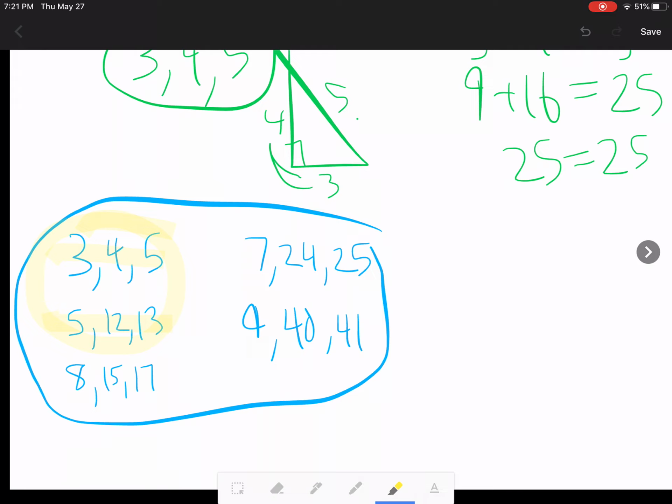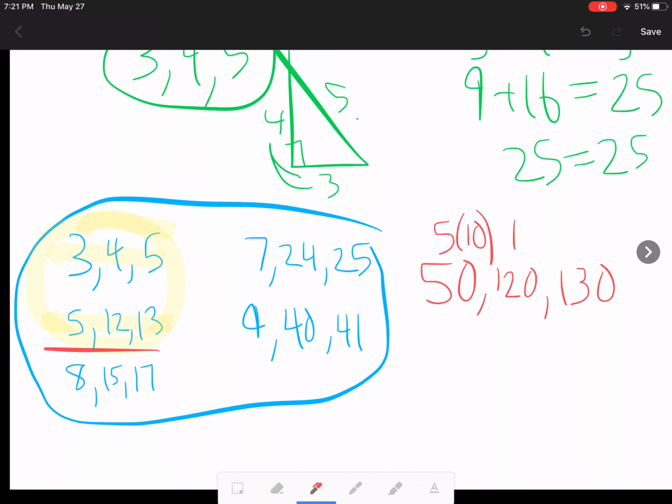So for example, let's go new color here, we could take this one and times it all by 10. So I could say 50, 120, and 130. This all works because this is 5 times 10, 12 times 10, and 13 times 10. It's still a 5, 12, 13.